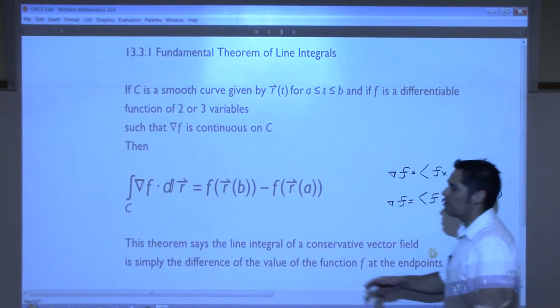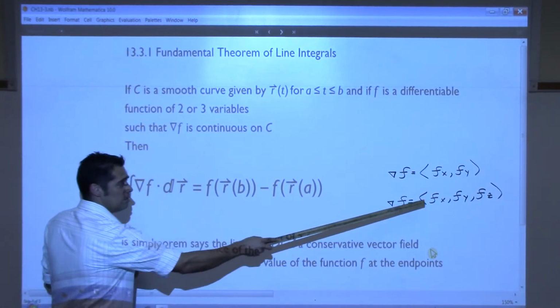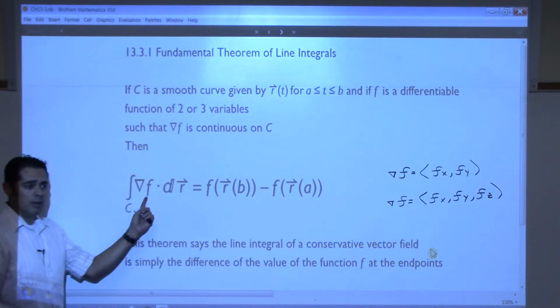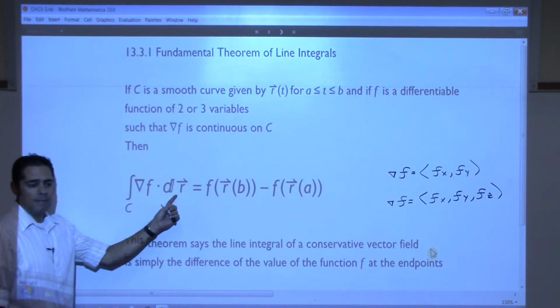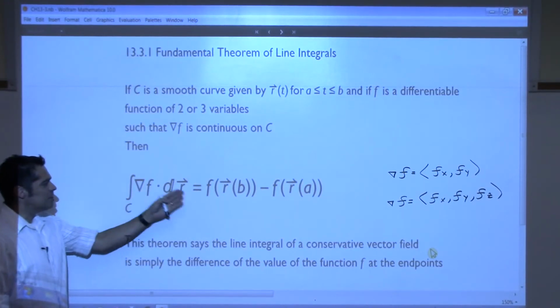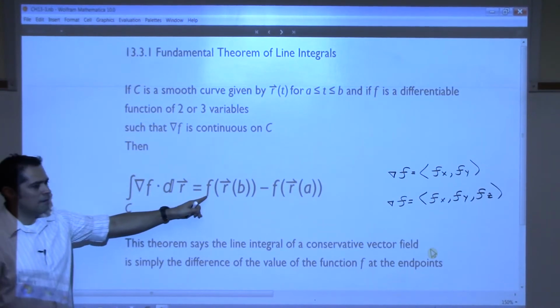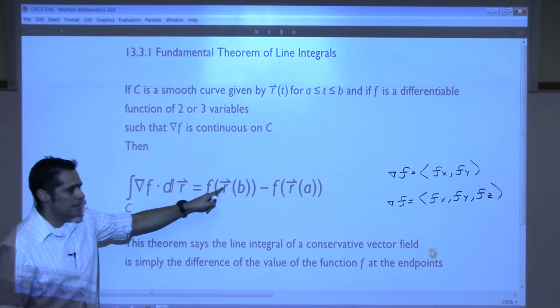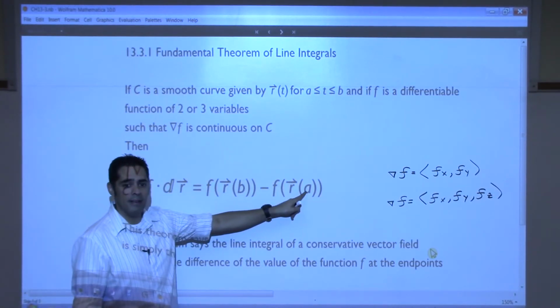So if we take the gradient of the scalar function, which is a vector field, and we do dot dr, then it's just equal to the scalar function evaluated at r of b minus the scalar function evaluated at r of a.